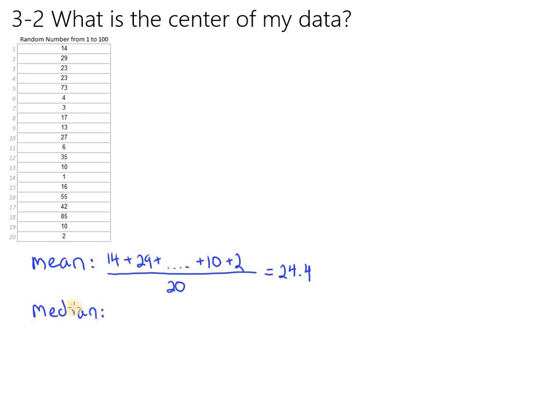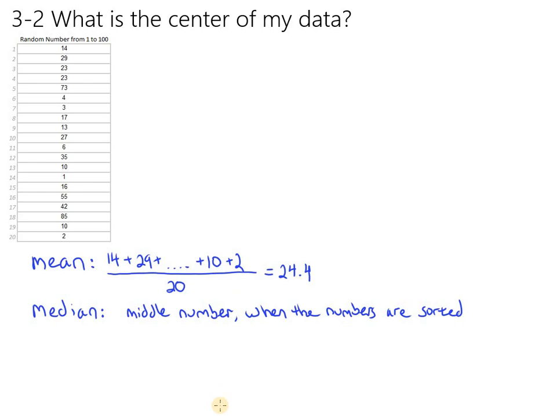Another one you may have heard of is the median, which is simply the middle number when the numbers are in order from smallest to biggest. So when the numbers are sorted.